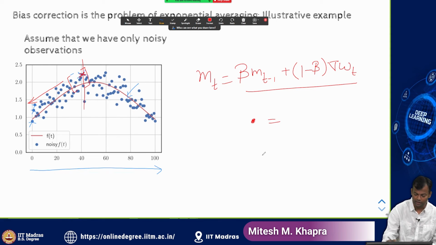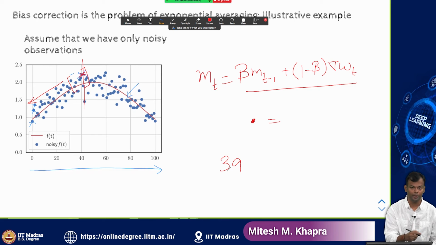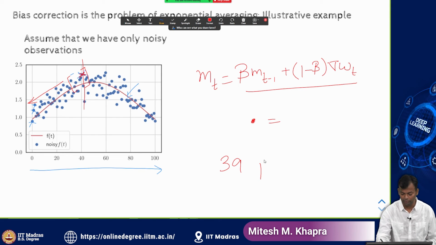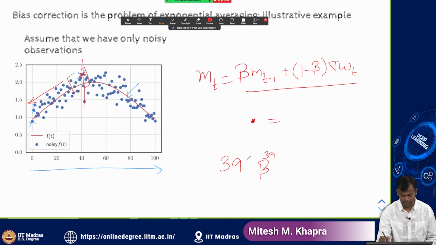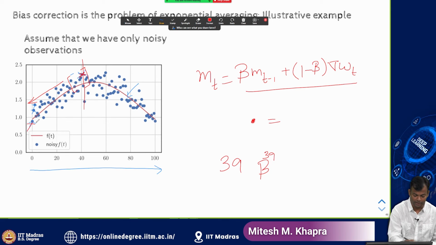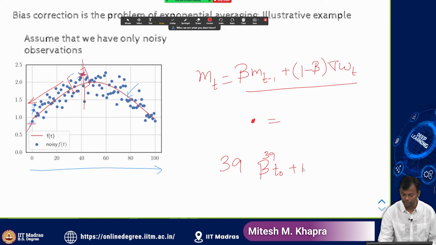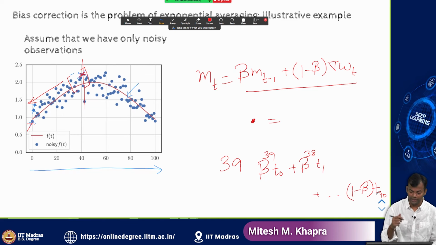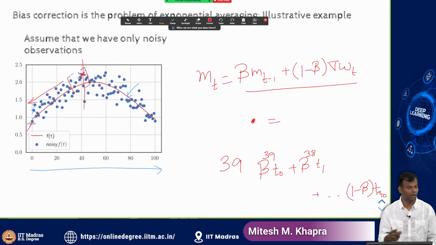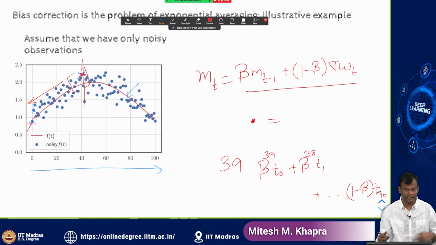So at time step 40, I have 39 blue points below it, and I'm going to take the value of each of those points: beta raised to 39, or 40, whatever that power comes to, into the value at time step 0, then beta raised to 38 into the value at time step 1, all the way up to (1 minus beta) into the value at this 40th time step. So my new value is going to be this exponentially weighted average. That's what I'm going to do.